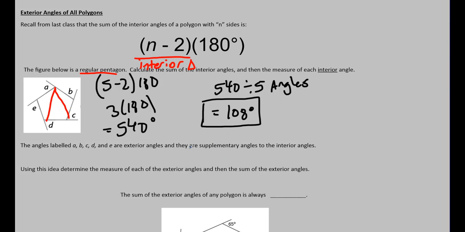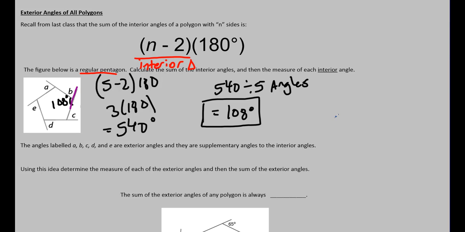And then using my supplementary angle theorem, all straight lines have 180. So for example, I know that this is 108. Let me erase the red. So if I know that this is 108 degrees and the whole straight line is 180, that means that I can do 180 subtract 108, and I will get this B value.